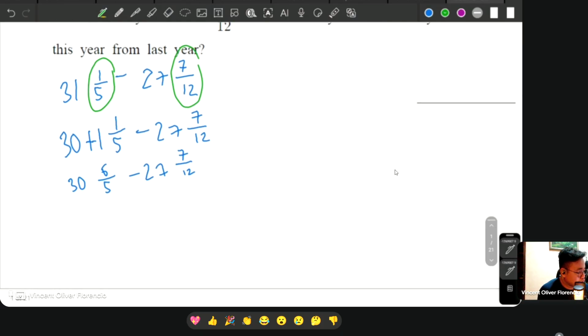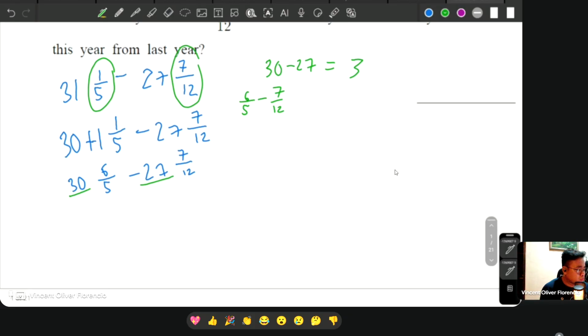We will have the whole number versus another whole number. So 30 minus 27 is, of course, 3. And next, we will have to work on the fraction, 6/5 minus 7/12.